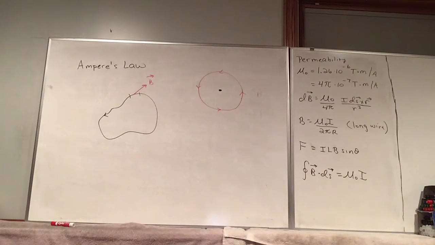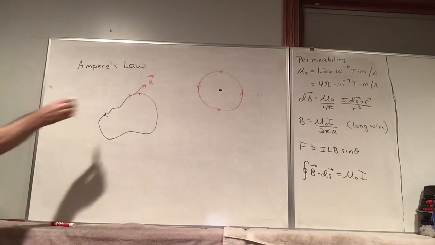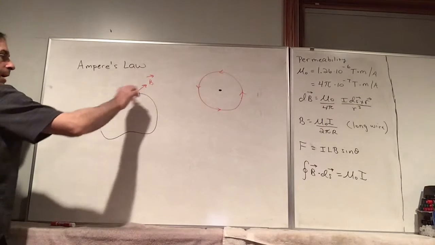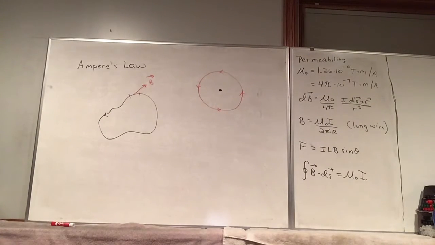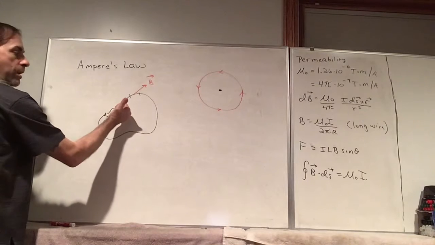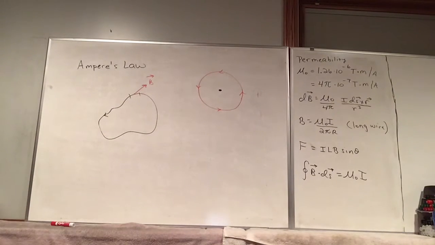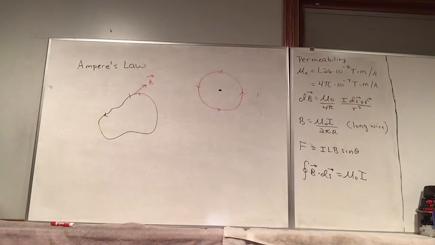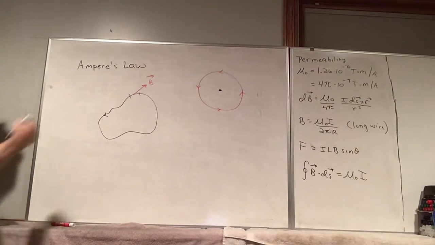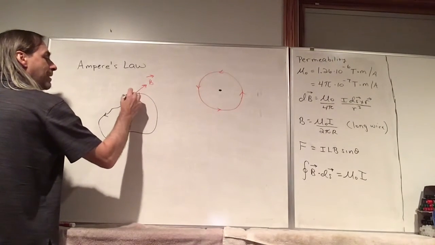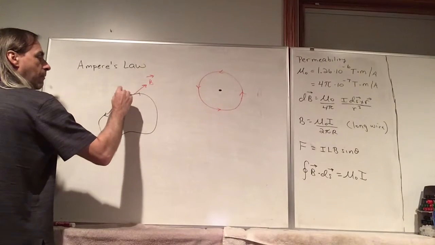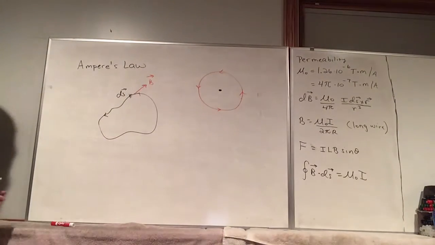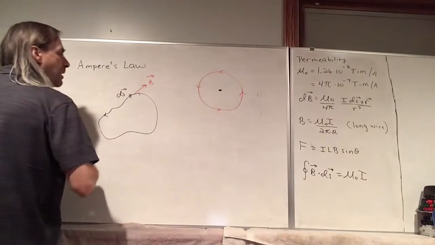Let's trace this line segment counterclockwise. So we're going around this counterclockwise. And that gives a direction out of the board. So just keep that in mind. For counterclockwise, from the right-hand rule, out of the board is our positive direction. And so since we're going counterclockwise, ds is in this direction. And so in this case, B dot ds would be negative, or at least along this segment.